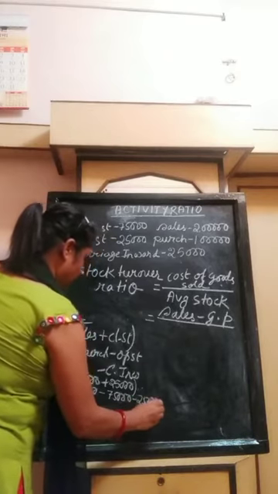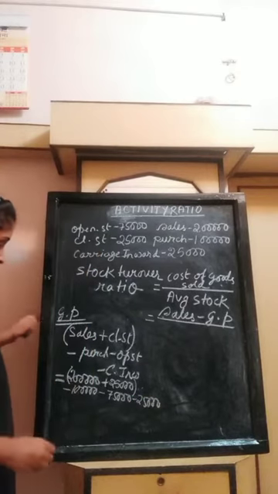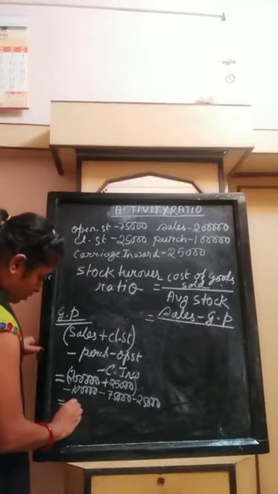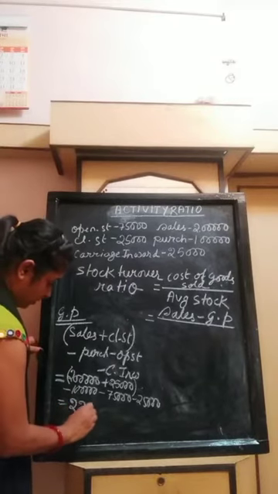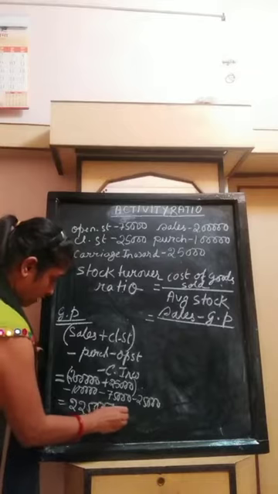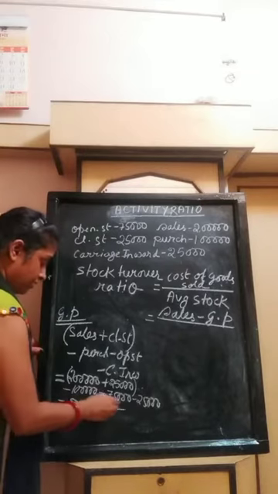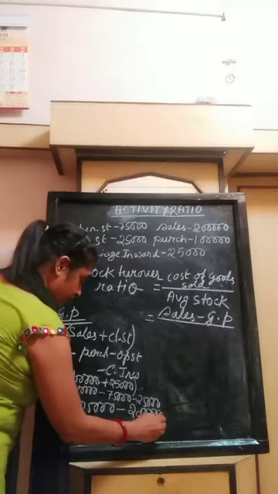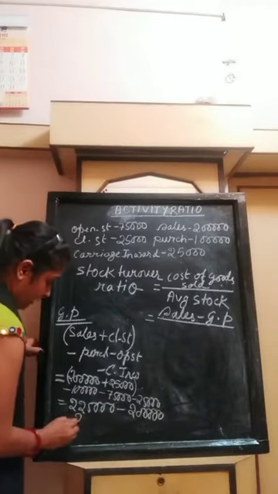So ultimately you are getting 2 lakh plus 2,25,000 minus 2,25,000... 1,75,000 and 25,000 gives you 2 lakh. So this gives you 25,000.